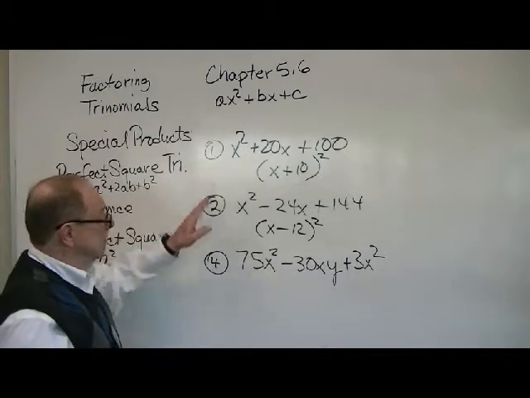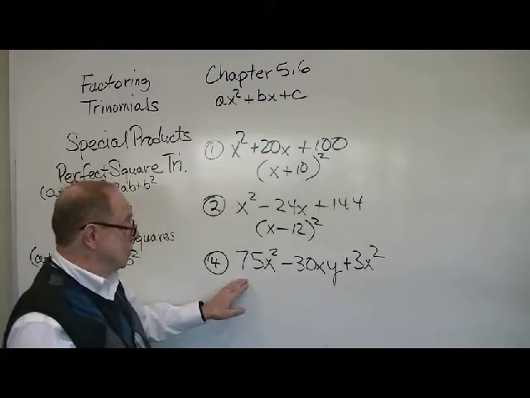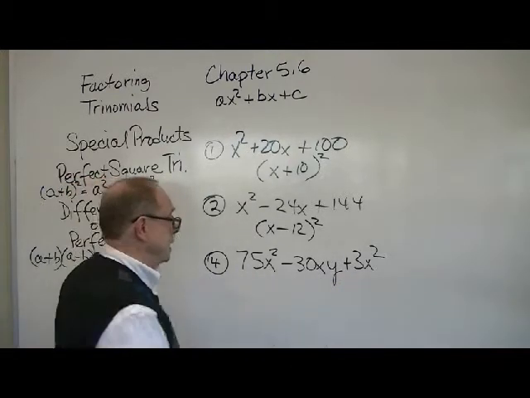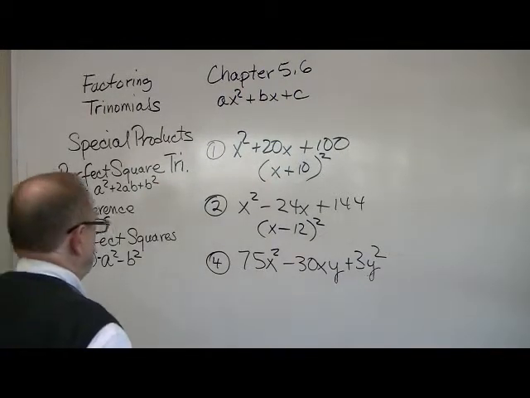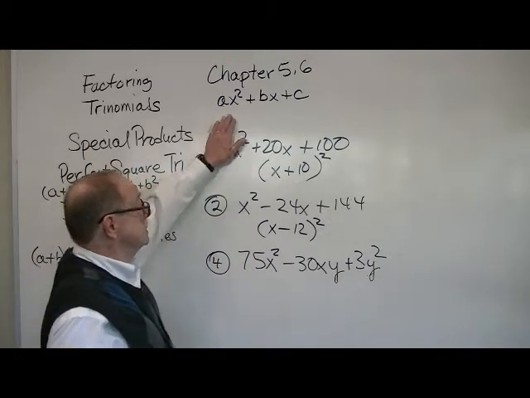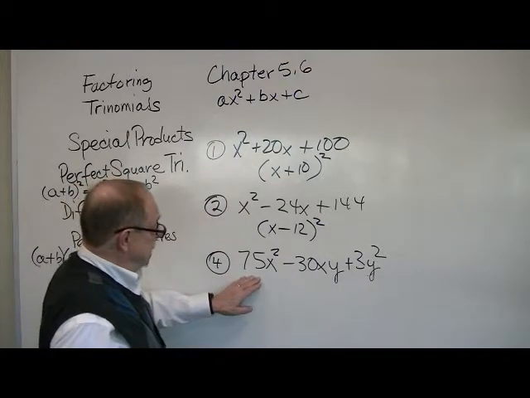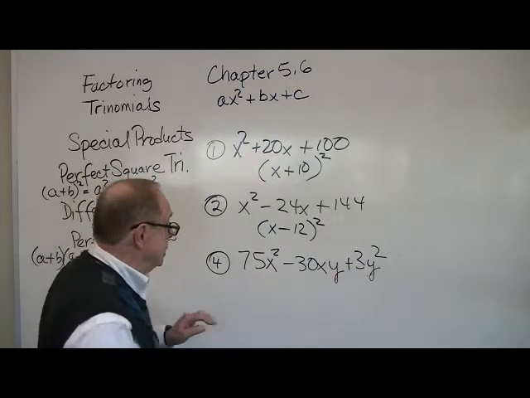Now our same rule applies. If it's in standard form, we want to factor out the greatest common factor. And let me put the right letter. So as we look at part 4, again, it's in standard form. And we take out, here we see a common factor of 3.